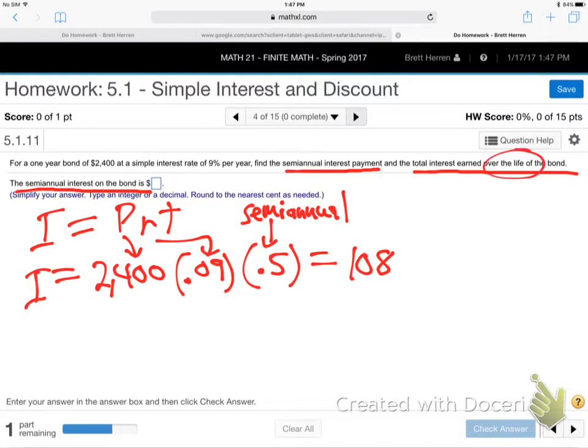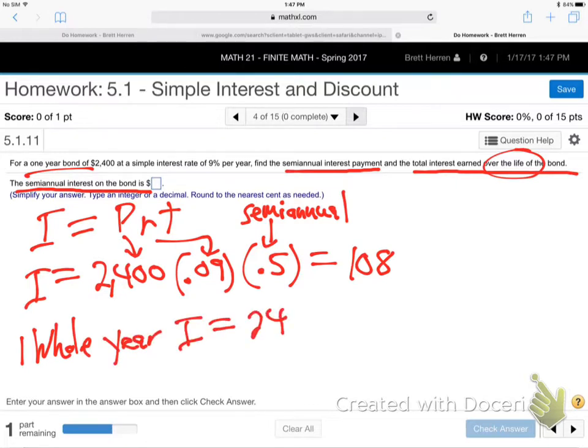Well, it's a 1-year bond. So the second part means 1 whole year, right? And so we just use the formula again, but this time instead of putting in 0.5, we put in 1 whole year. So the second question is to find the interest for the whole year, the life of the bond, and it is a 1-year bond.